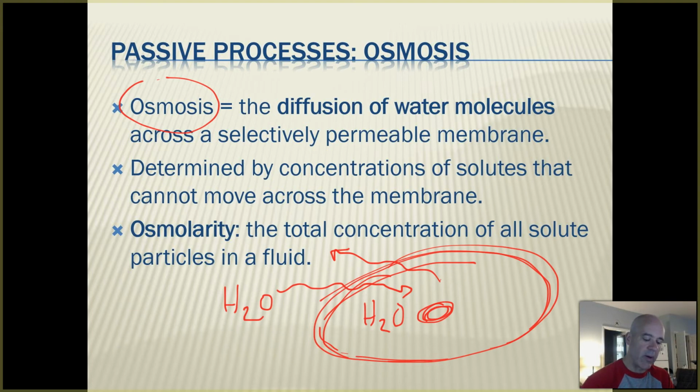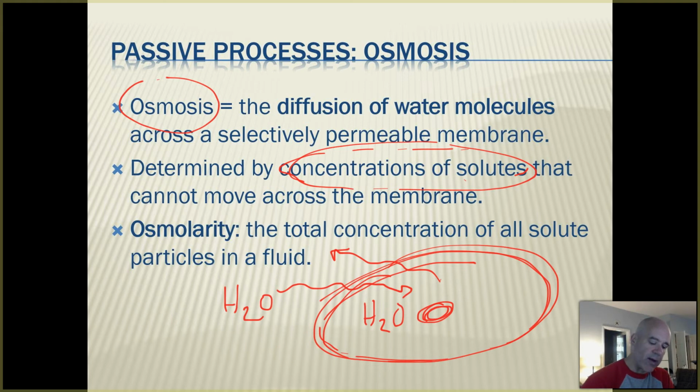There's some additional terminology here that we need to take a look at, because as you'll see, it's really the concentrations of your solutes. That's going to be the key thing. What's the concentration of all those dissolved substances you have in the extracellular fluid versus the intracellular fluid? That is going to determine how much water flows into or out of a cell.